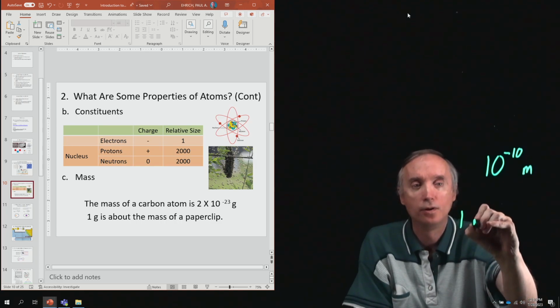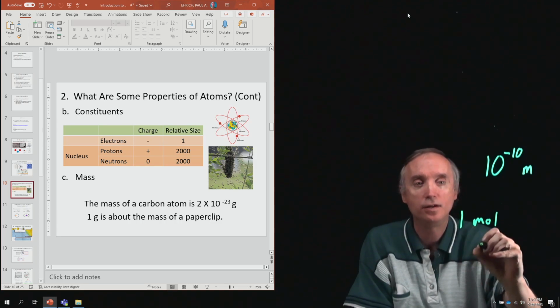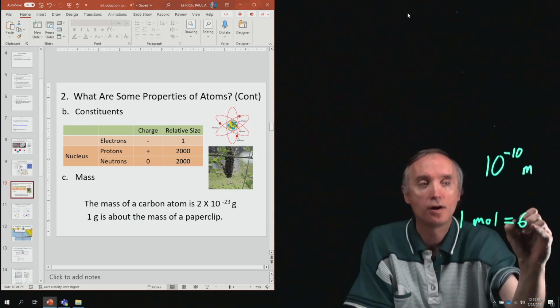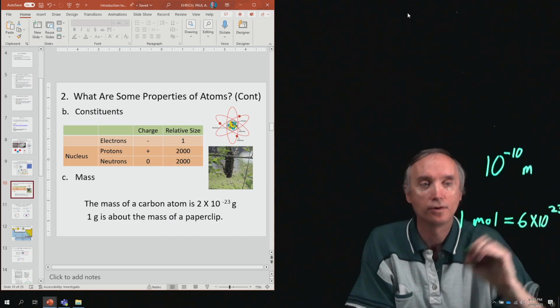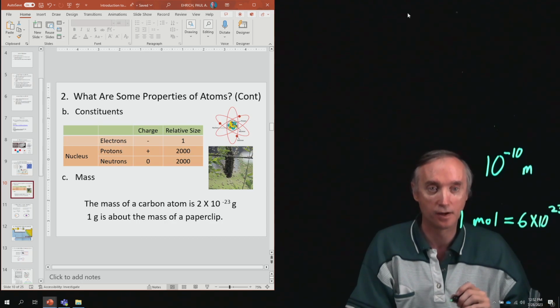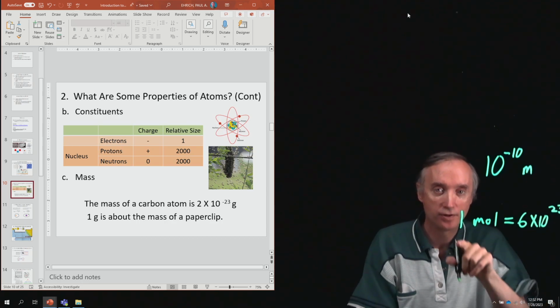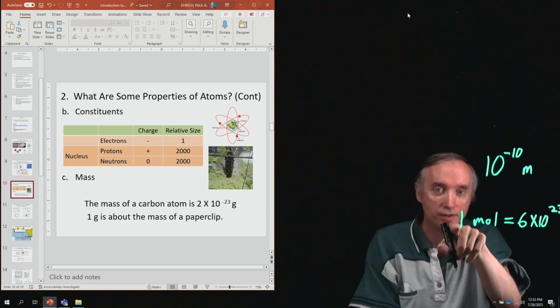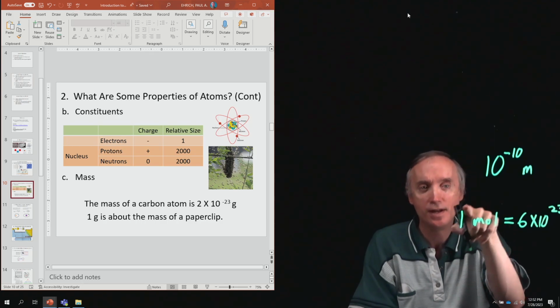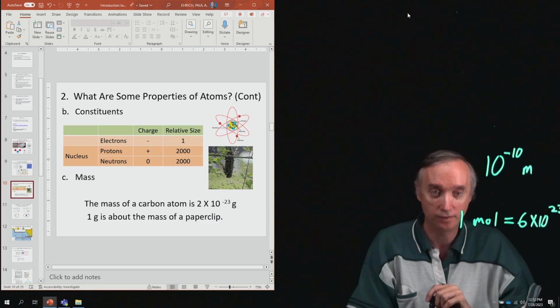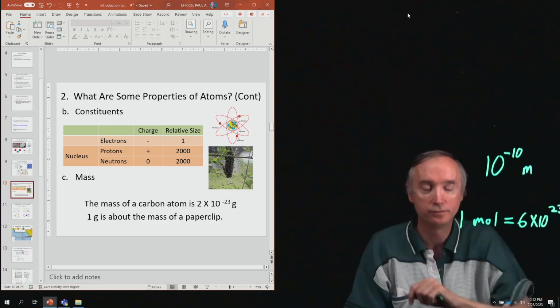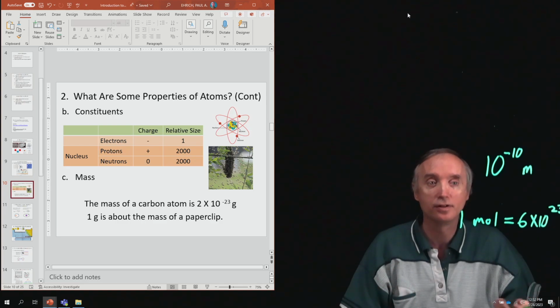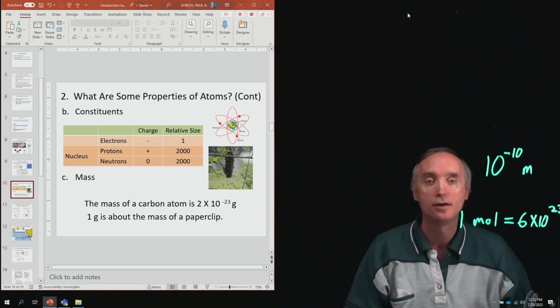And 1 mole is equal to approximately 6 times 10 to the 23rd atoms of something. And notice the mass of an atom is 2 times 10 to the negative 23rd grams. So that means that if you have this many carbon atoms, now you can actually measure the mass by using a scale.